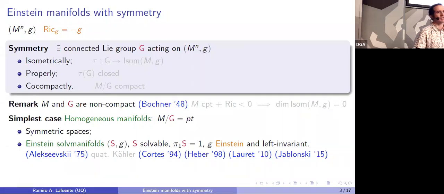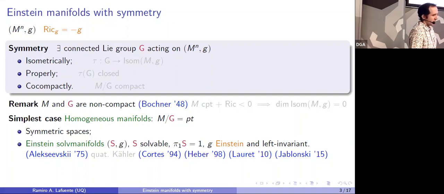Like if there's such a metric, then it's unique up to isometry, and then he studies the moduli space using techniques from algebraic geometry. It's an extremely interesting paper, which I read many times. And there are some newer results by Lauret and Jablonski more recently.